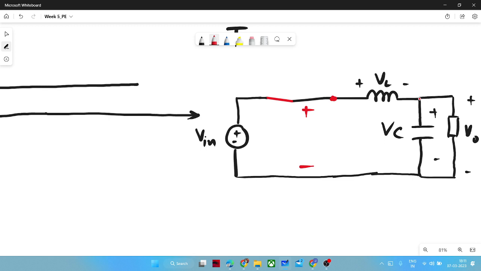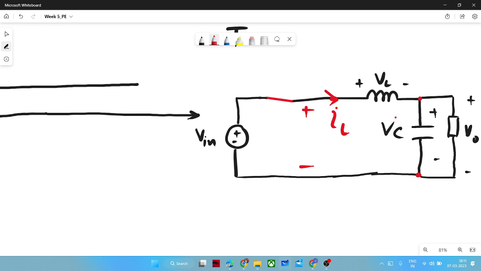Now you have certain load that will draw certain current. Whatever current will go from input side, we will call it IL just for time being, and the characteristics of this IL would be such that if V naught is less than V, then your inductor will be charged, right?